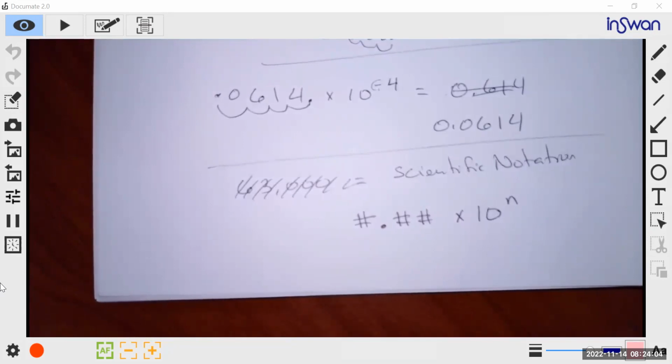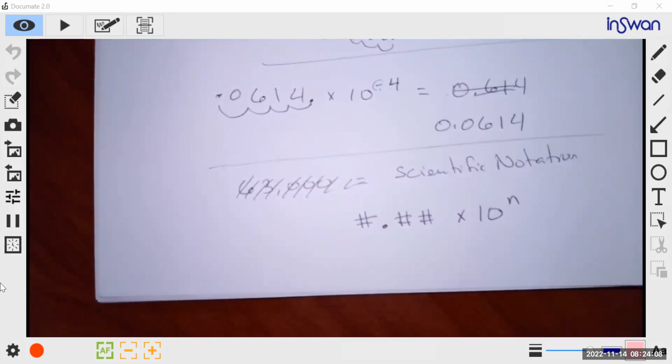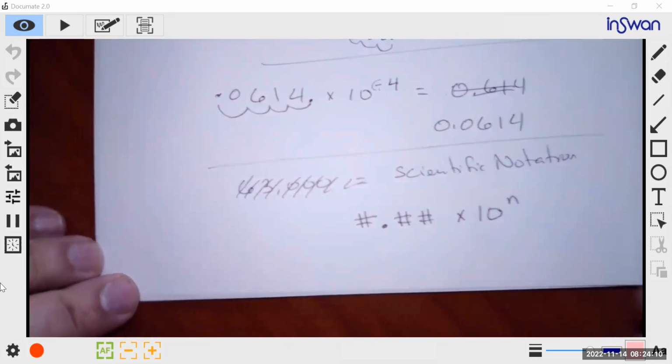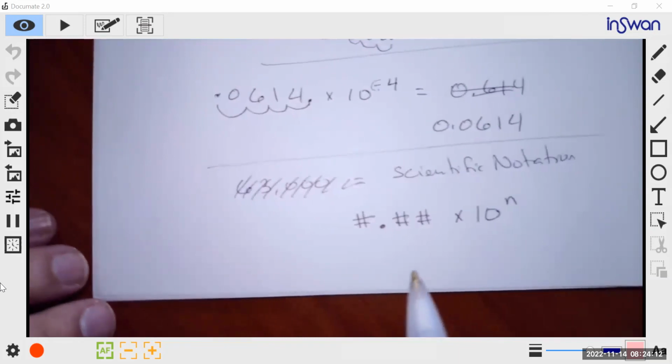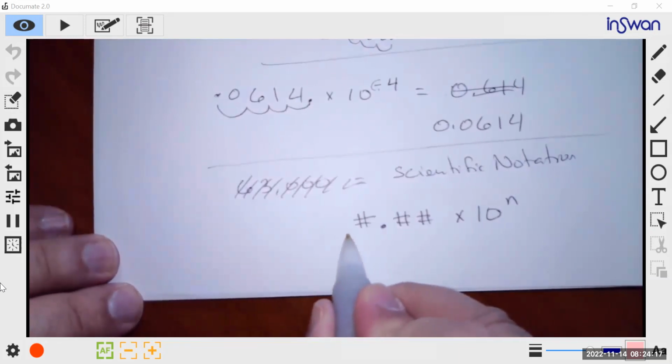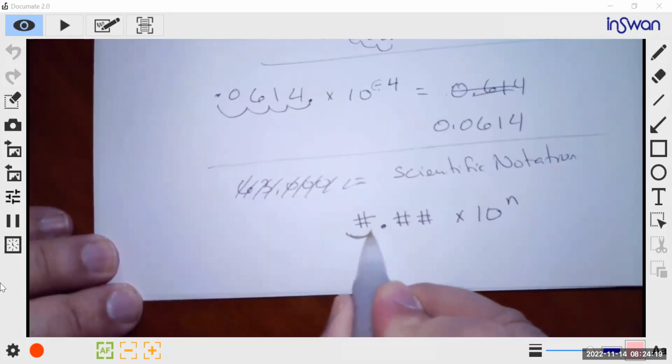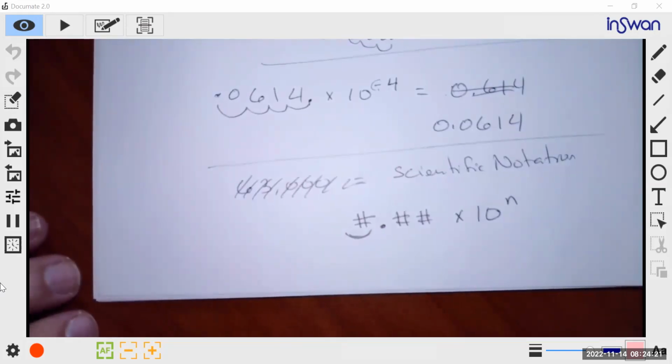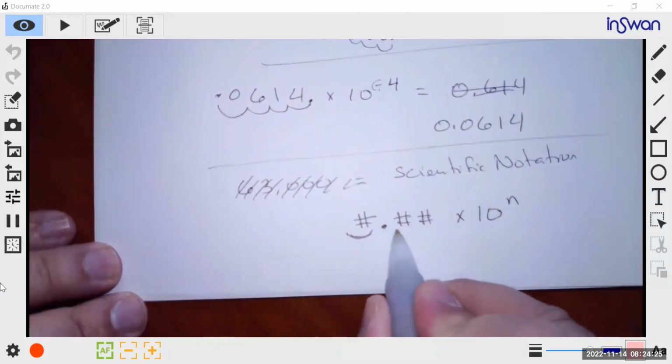Okay, now what does it mean to you? What it means is this. No matter what you have, in the final form of scientific notation, you'll only have one non-zero number in front of the decimal. Then you have the decimal, then you have all the other numbers.